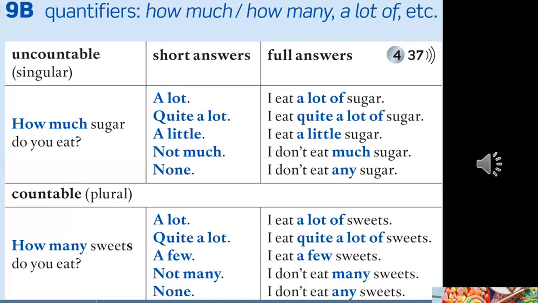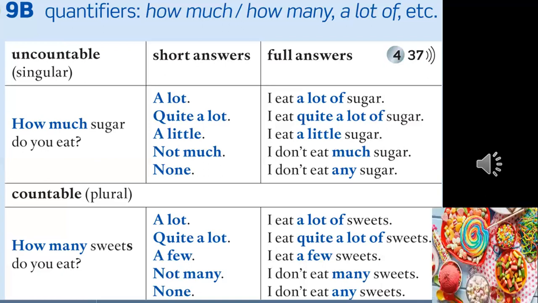How many sweets do you eat? A lot. I eat a lot of sweets. Quite a lot. I eat quite a lot of sweets. A few. I eat a few sweets. Not many. I don't eat many sweets. None. I don't eat any sweets.